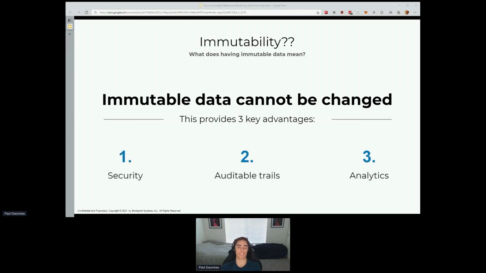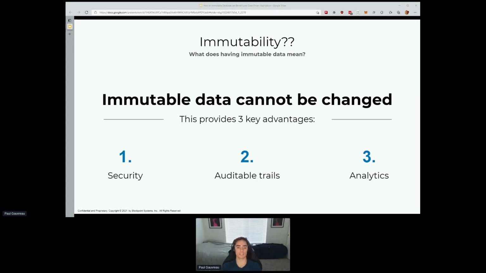If your data can't be altered or modified, it increases the security of your system, right? You're able to grab a record in your database and mathematically prove and verify that that record is what it was when it was put in there by the user that entered the data, and mitigate a lot of risk associated with storing data.